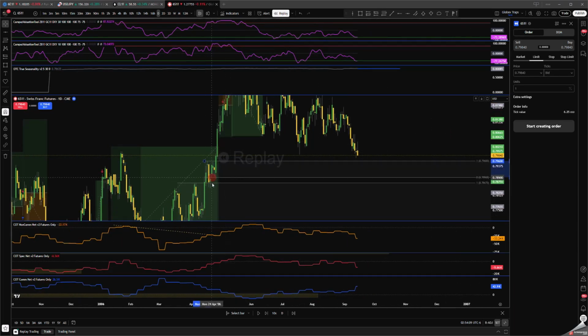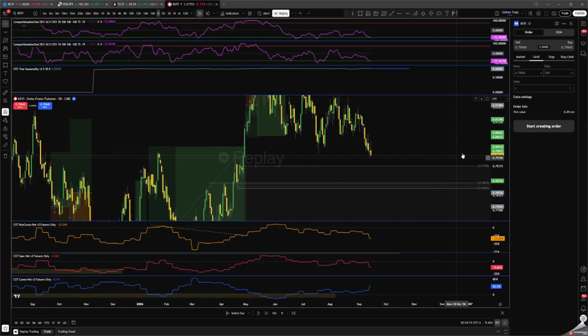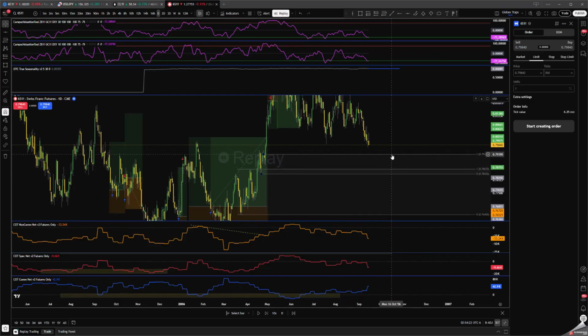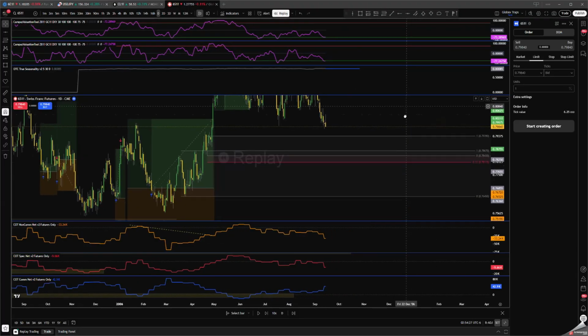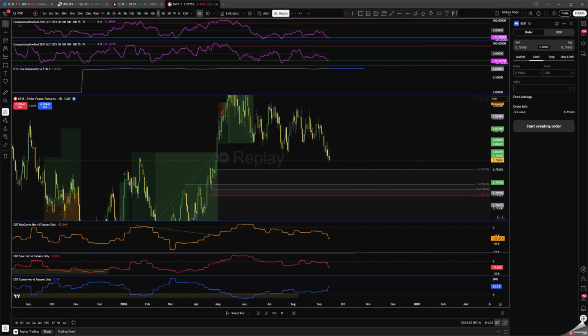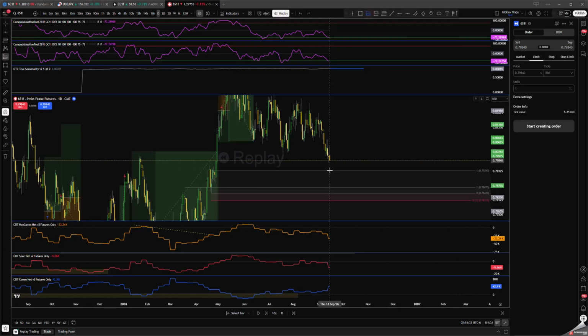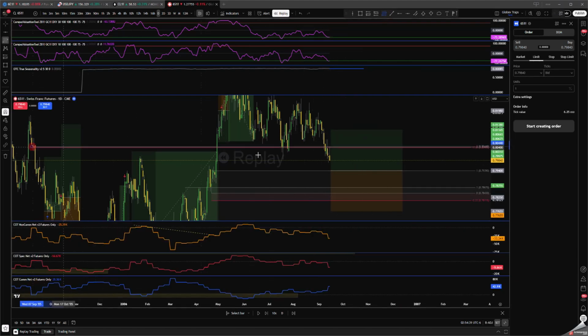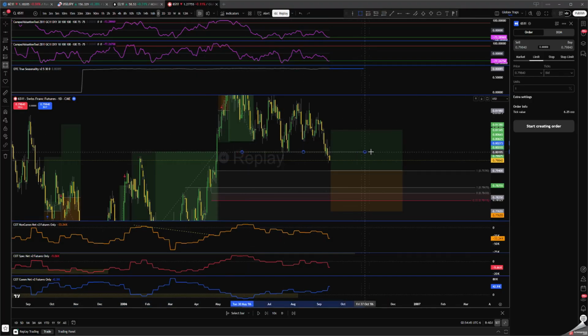Okay, so we can try to time the market like this. A nice trap area, because this looks more like, not this, this looks more like a support area.